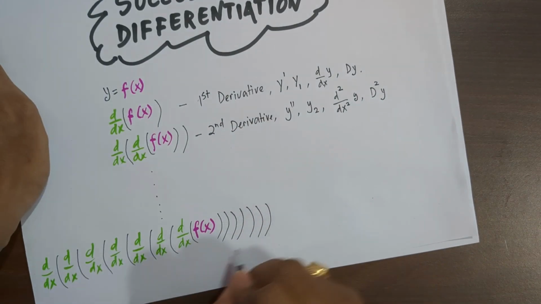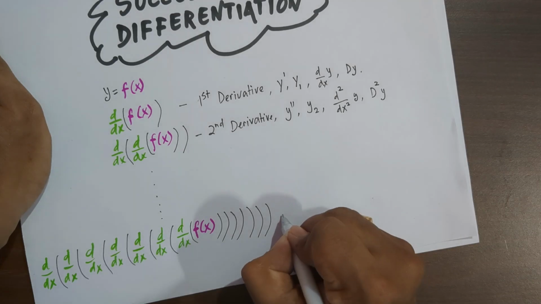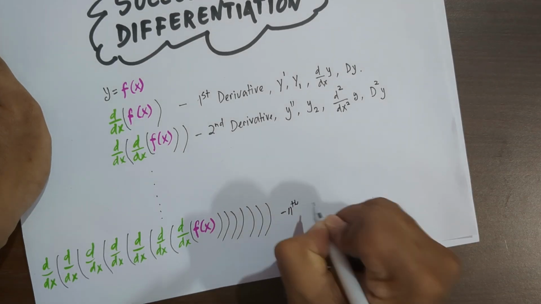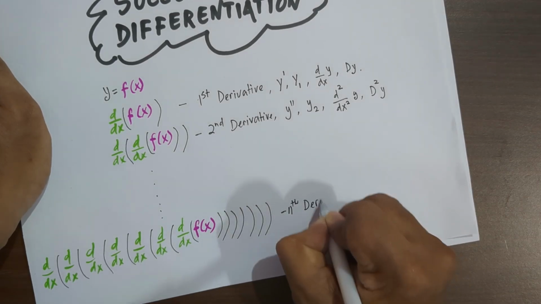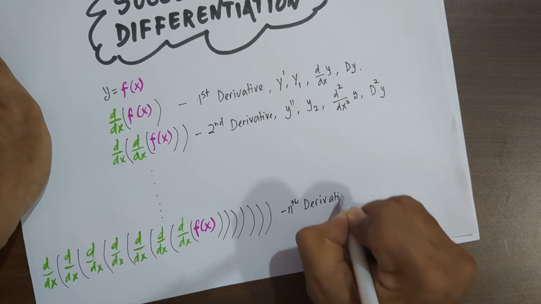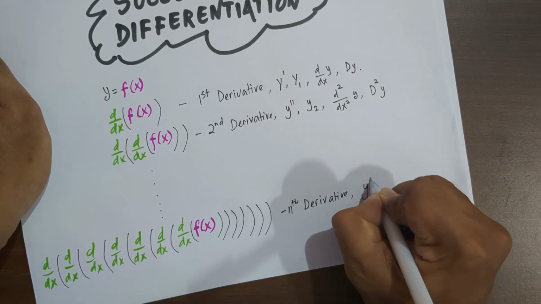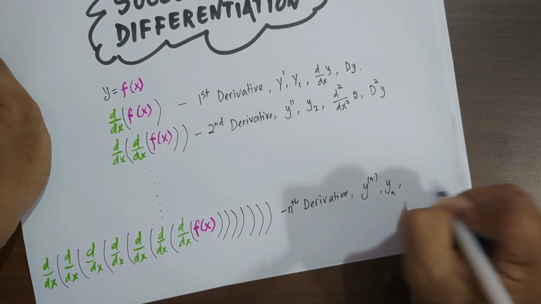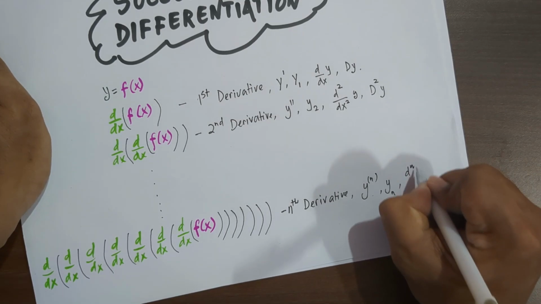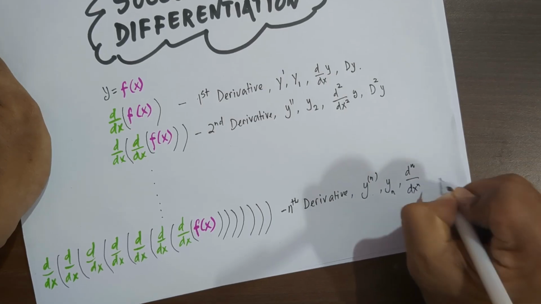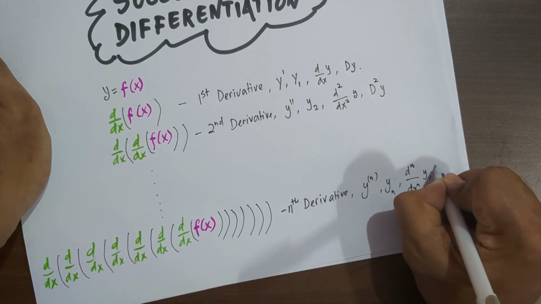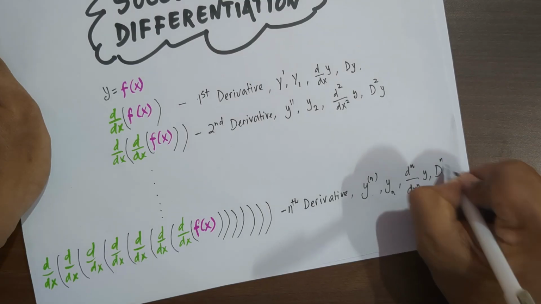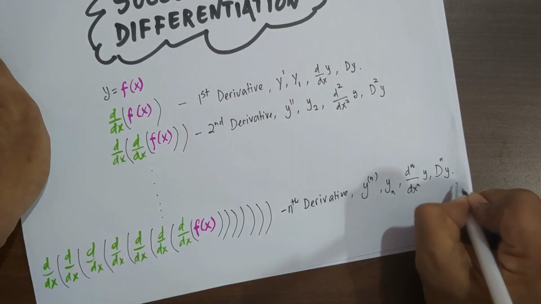Similarly, suppose this is the nth derivative. We denote it by y n, or y subscript n, or dn over dxn y, or capital D n y, and so on.